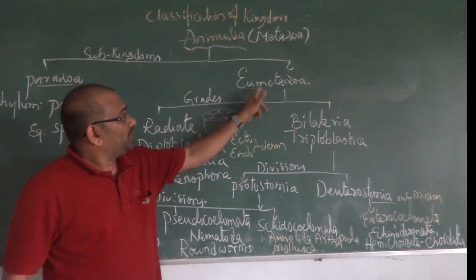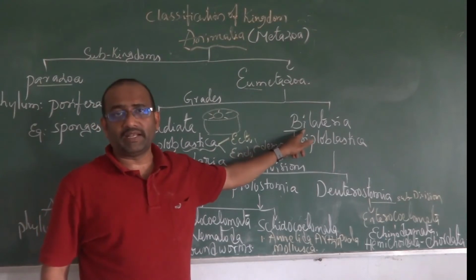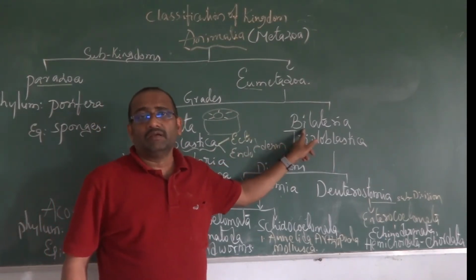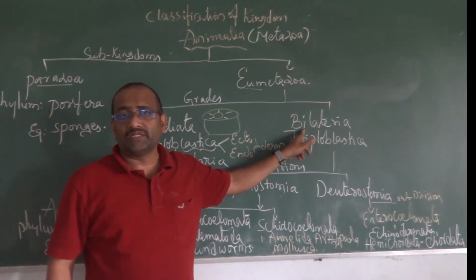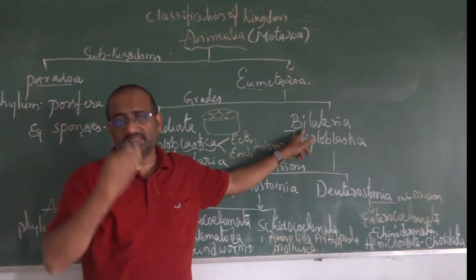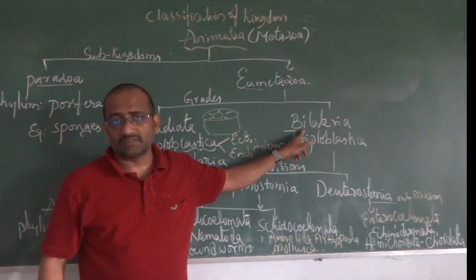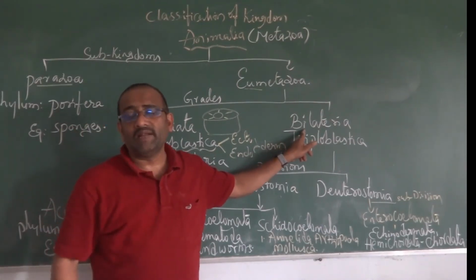The second grade in the Eumetazoa subkingdom is Bilateria, bilaterally symmetrical animals. In the mid-sagittal plane in our body, if you cut along an axis, the sense organs are allotted on the sides of the organism, side by side.